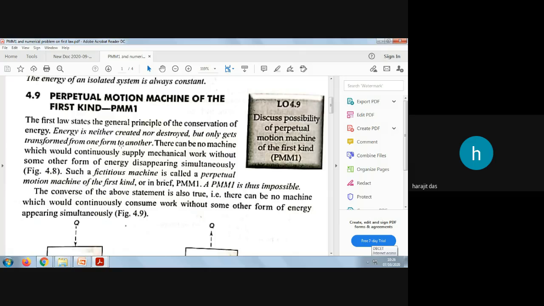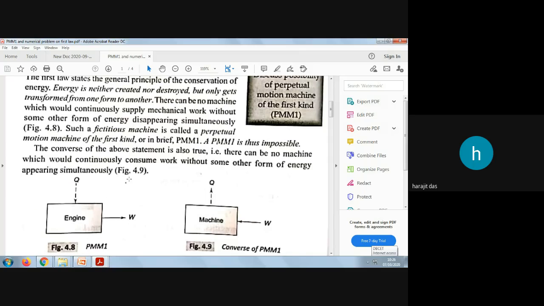So you cannot build one machine. Suppose this is one machine, so this is one block diagram. This may be your motor car machine, or your motor vehicle bike engine. So you cannot produce work W without the expenditure of an equivalent amount of heat.